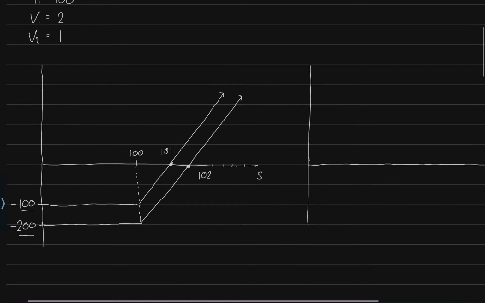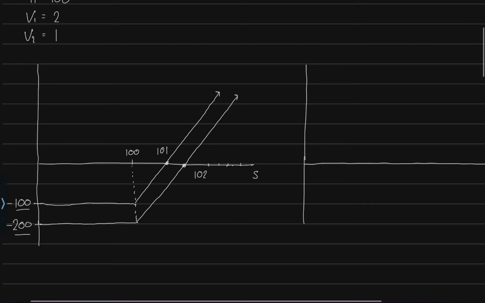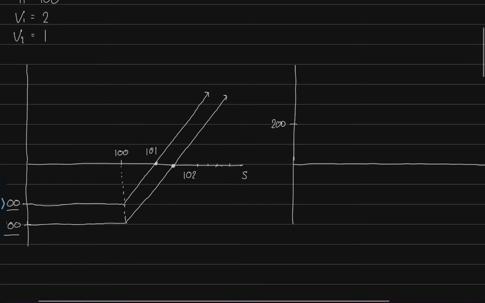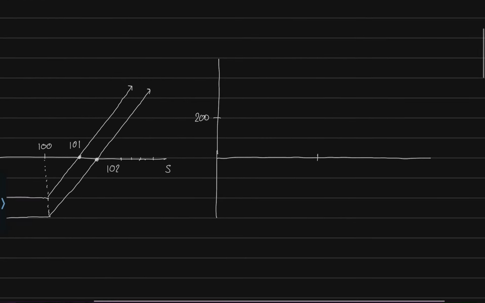Now for my seller, with my first case, he would start with a profit of $200 up until the strike price of K, which is $100. So he would profit this until he gets to $100. Now, until he gets to 102, he would continue making profits even though they would diminish. And once the stock price S crosses 102, the seller would start seeing diminishing returns.